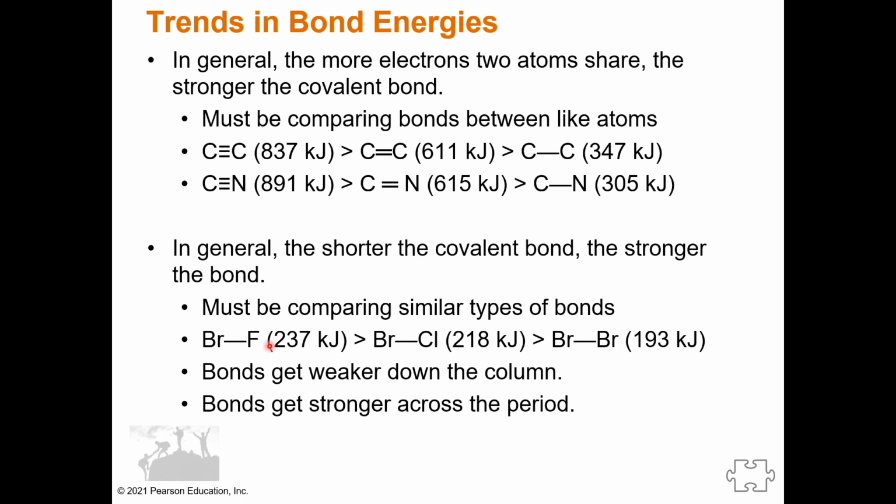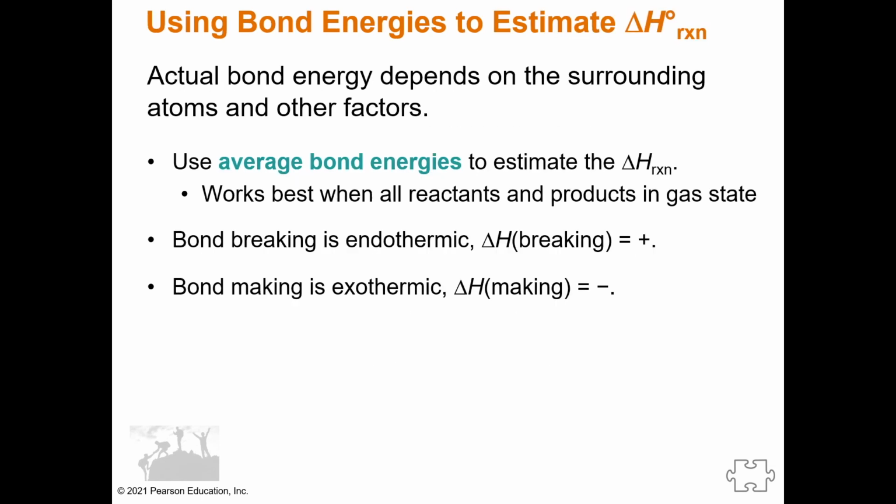So more energy is needed to break this bond between bromine and fluorine. If you compare that to 2 bromines, bromine is the largest one in the group, so you could see it requires the least amount of energy to break this bond.